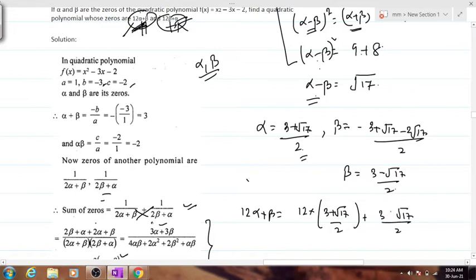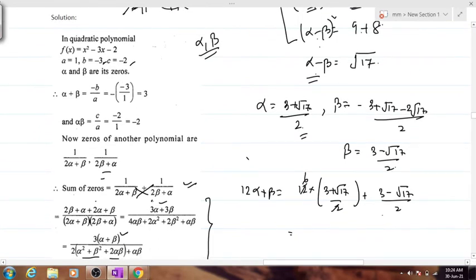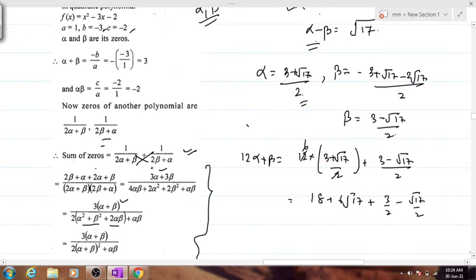This is minus. Here you multiply this thing, you will get 18 plus 6 root 17 plus 3 by 2 minus root 17 by 2. You will get one root out here. This will be your entire one root.